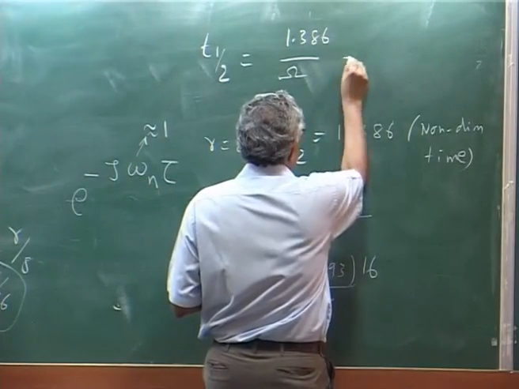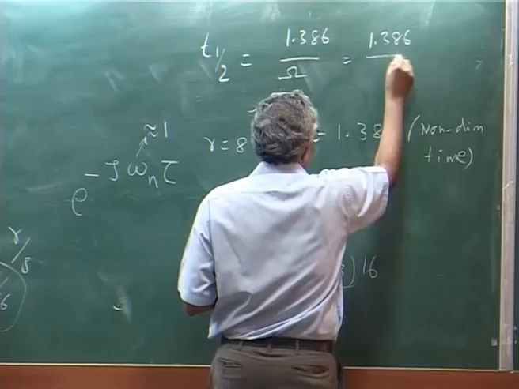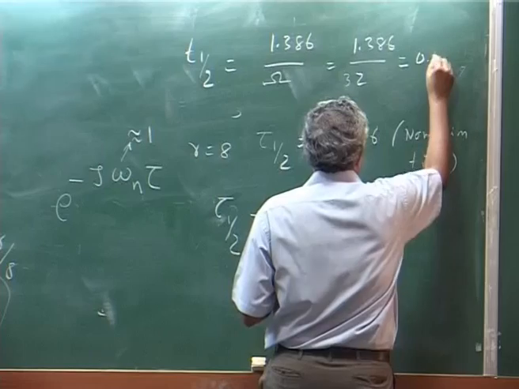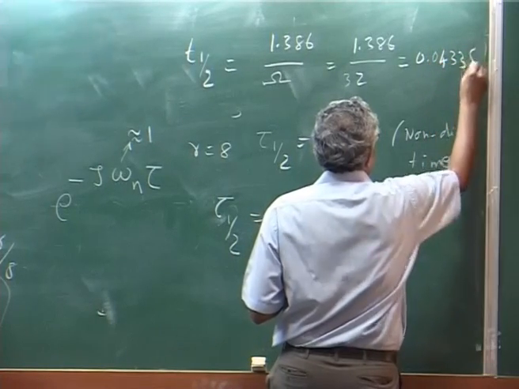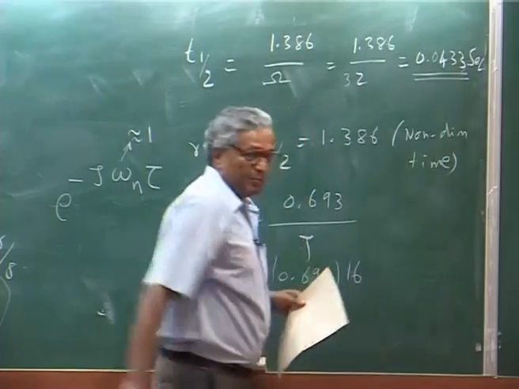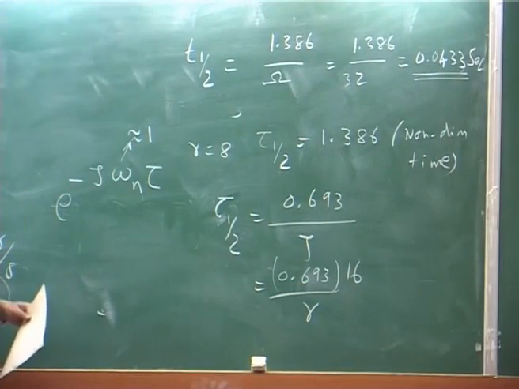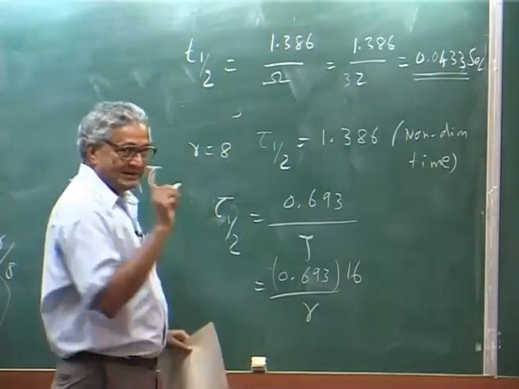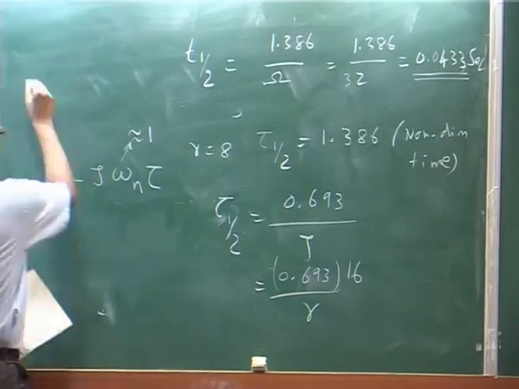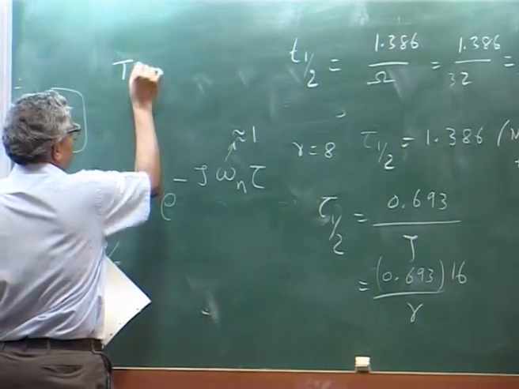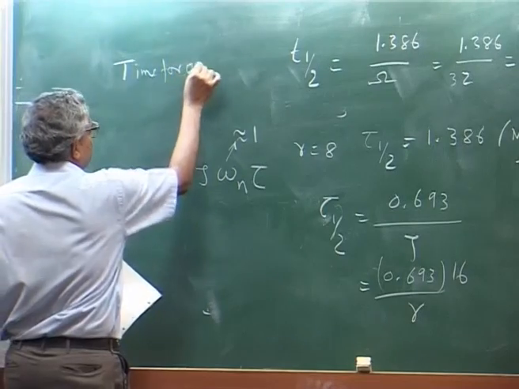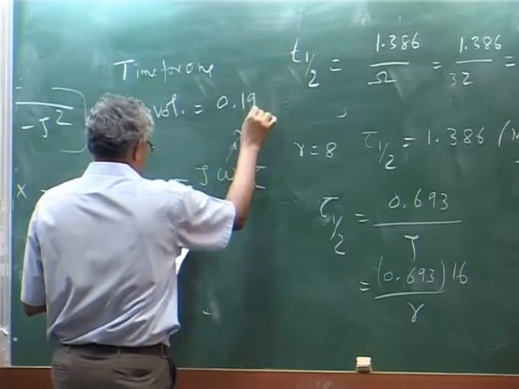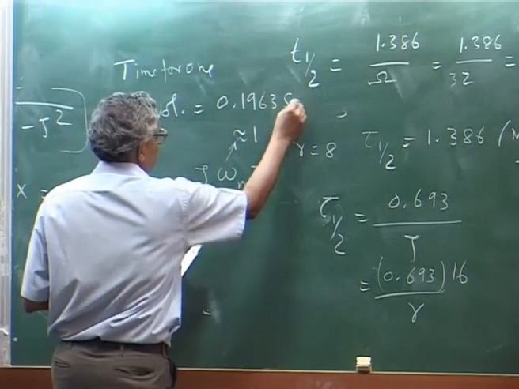If omega is 32, you will find, I am just writing it, why I put all these numbers is just to give you an idea, 0.043 seconds. For this omega, that is 32 radians per second, the time for one revolution is 0.1963 second.